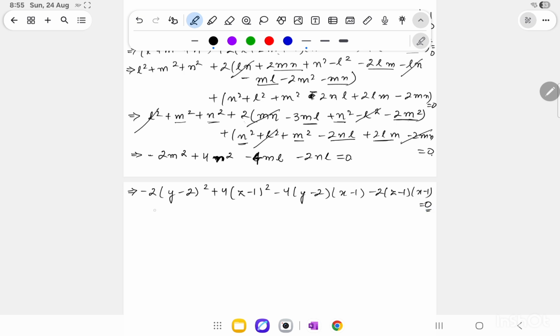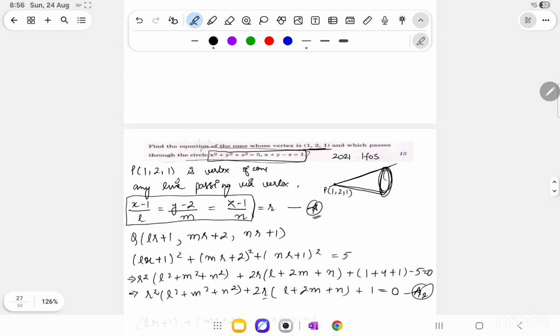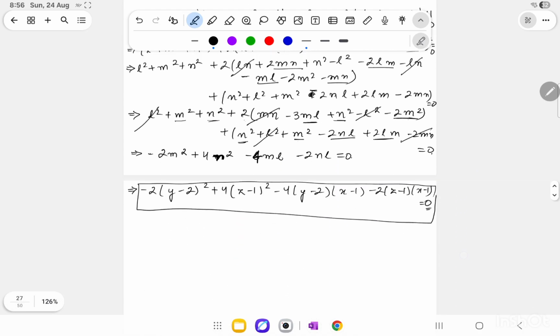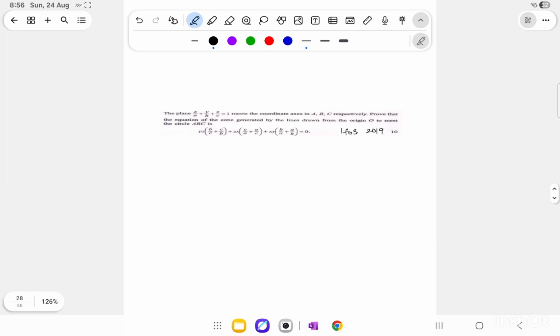So this is basically the required equation of cone, which has a vertex at 1, 2, 1, and this as our base curve. You can also simplify it further, but that just requires opening the whole square, so you can do that yourself. Let's now move on to the next question.